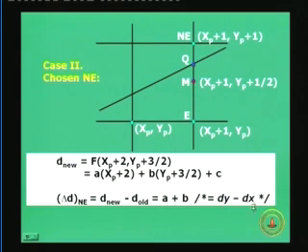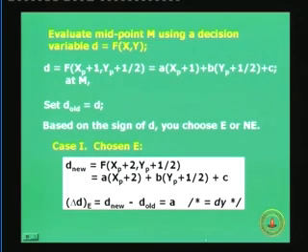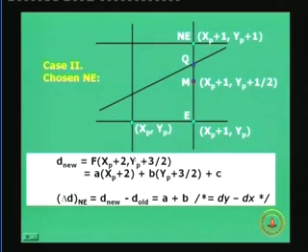So, as you see from the previous slide, delta d e under case 1 where you have chosen east is a, and under case 2 where you have chosen northeast, the delta d northeast is dy minus dx or a plus b, and both dy and dx are nothing but what? They are the differences in the x and y coordinates of the starting point and finishing point of the line.